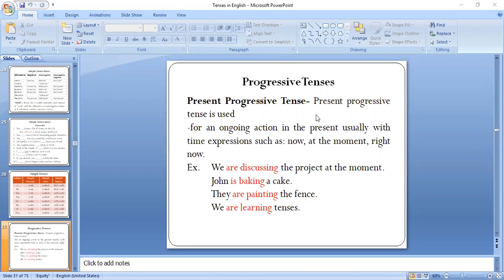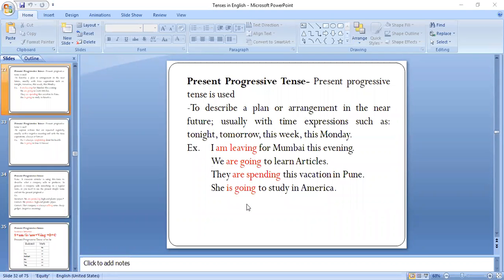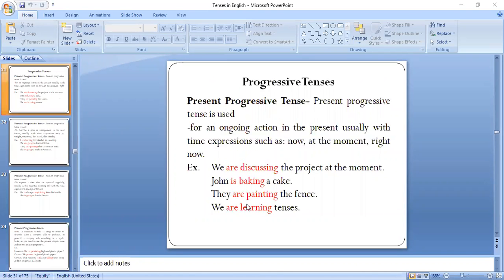Then the fourth example is we are learning tenses. So in this example, we are learning. This is the ongoing process. This process hasn't completed yet.